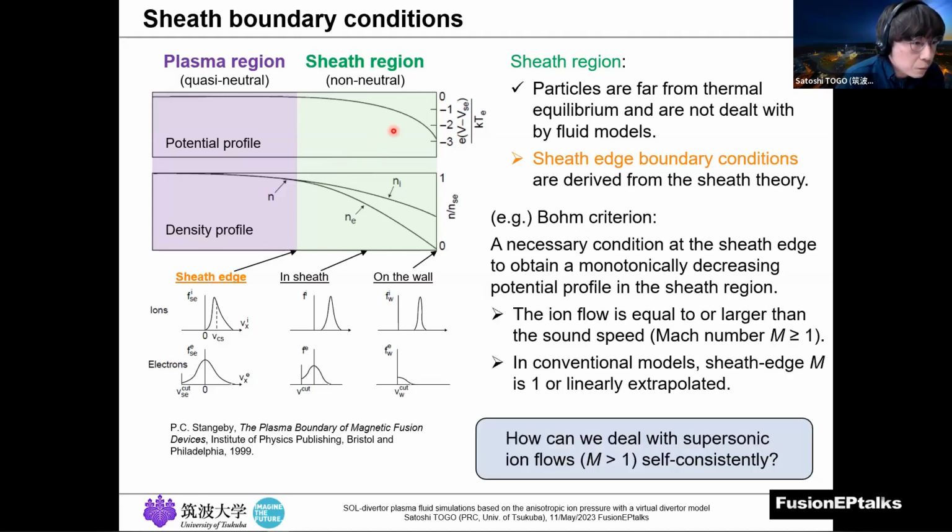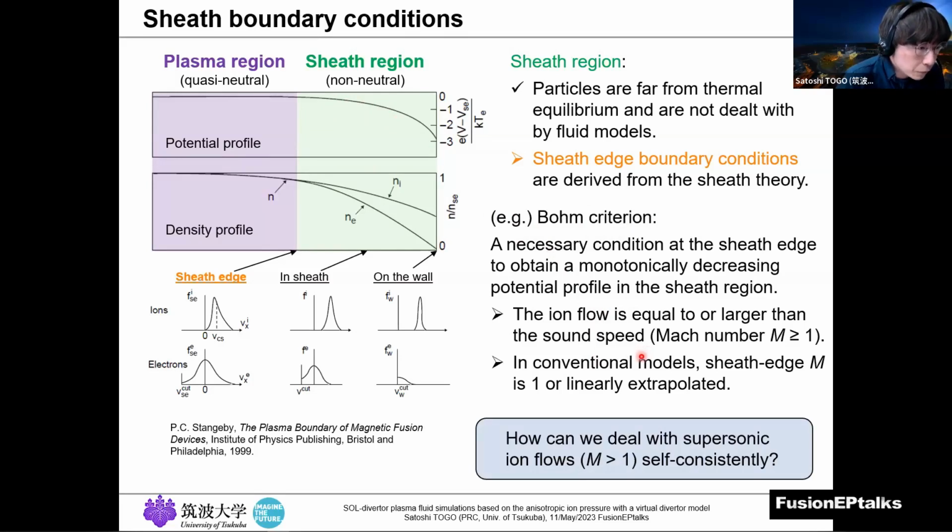One of the sheath boundary conditions is known as the Bohm criterion. This is a necessary condition at the sheath edge to obtain a monotonically decreasing potential profile in the sheath region. This criterion is reduced to one about the ion flow, that it is equal to or larger than the local sound speed, which means the Mach number is equal to or larger than 1.